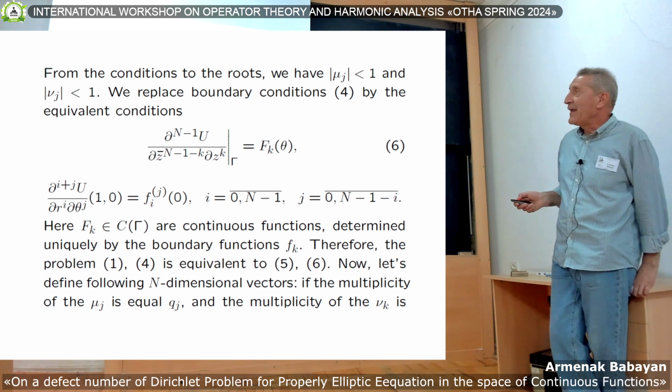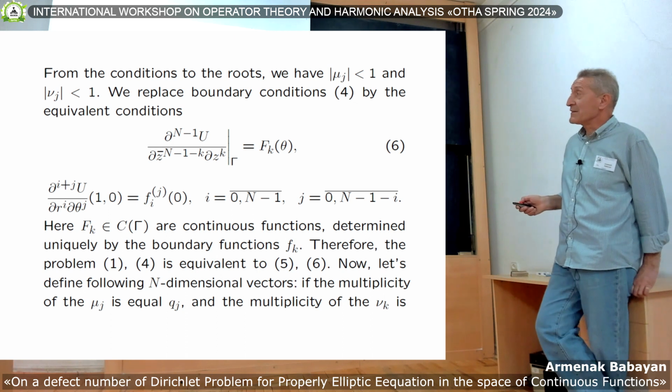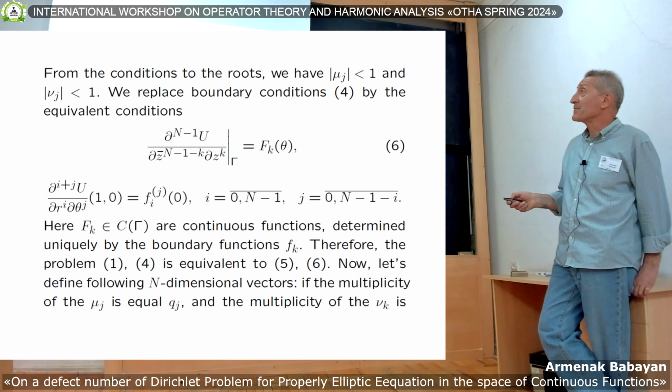Now, here fk will be simply a continuous function determined uniquely by the boundary function fk. Therefore, problem 1,4 is equivalent to 5,6. Now, the result is the following. We define the following vectors.